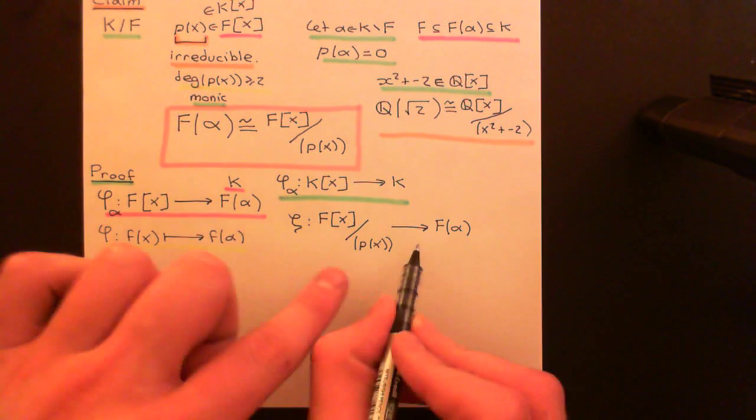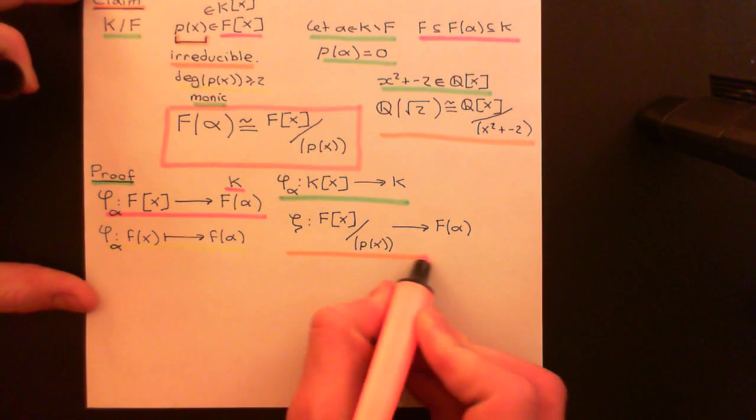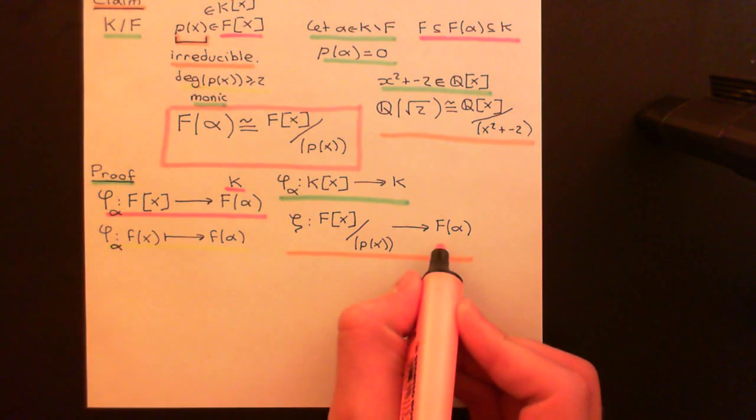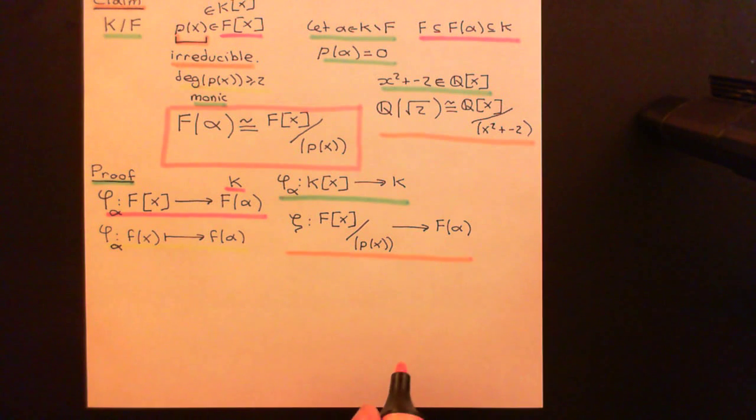So I'm going to use this to build this thing. Firstly, let me tell you how I'm going to build this. Then I'm going to have to make sure it's well defined. And then finally, I'm going to have to actually prove it's a ring homomorphism. Actually, that's not the final bit. Then I'm going to have to prove it's a ring isomorphism. And then of course we'll prove that these two are isomorphic.